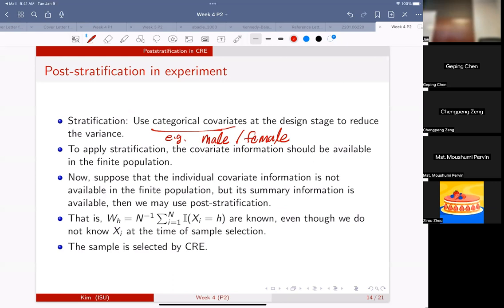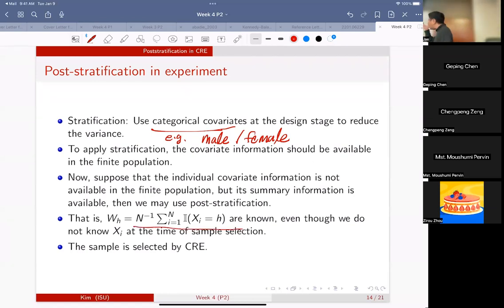So the presumption is that covariate information should be available in the final population. Now, suppose that the individual covariate information is not available in the final population, but its summary information is available, then we may use post-stratification. So somehow we don't know which one is which, but still we know the marginal distribution. Here's a kind of notation. We slightly use a different notation.